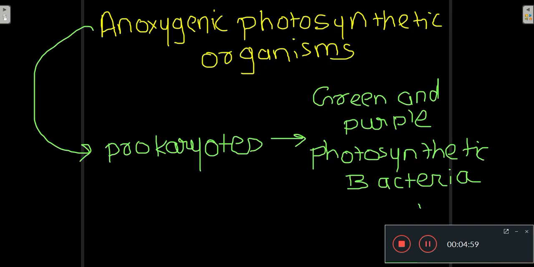Now let's look at examples of anoxygenic photosynthetic organisms. These include only prokaryotes, and the examples are green and purple photosynthetic bacteria. These green and purple photosynthetic bacteria are anoxygenic photosynthetic organisms.